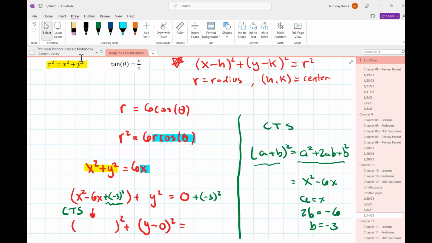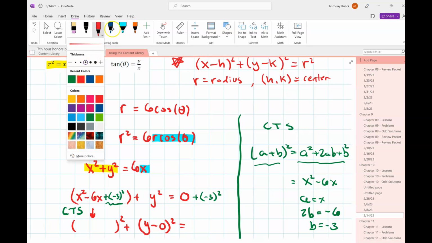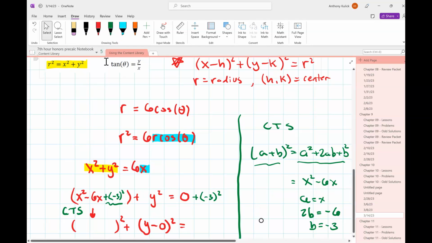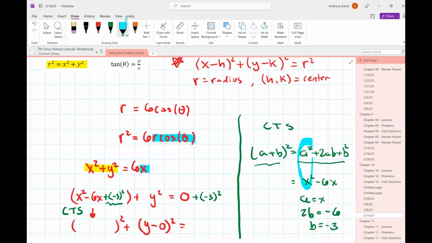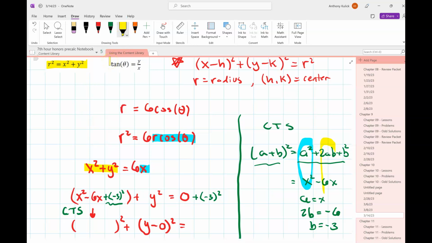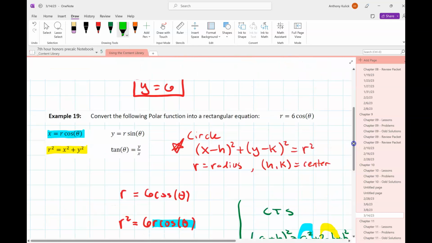Sure thing. Why is b negative 3? Because 2b is negative 6. The equation is a squared plus 2ab, so 6x is 2ab. I'm trying to make x squared minus 6x be the same thing as this.